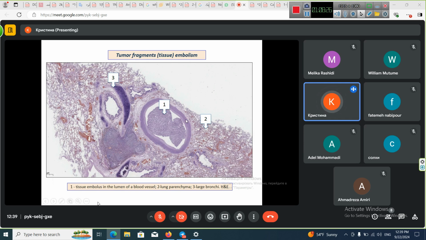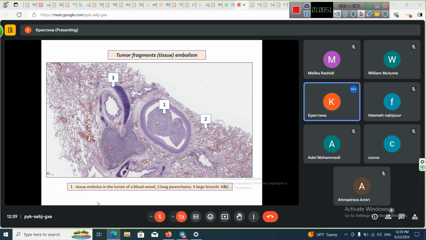So this is the blood vessel. Inside it we have some piece of tissue which is the embolus. Embolus is anything present within blood vessel which normally should not be there. So no tissue should be inside blood vessels except blood. No gases, no lipids.